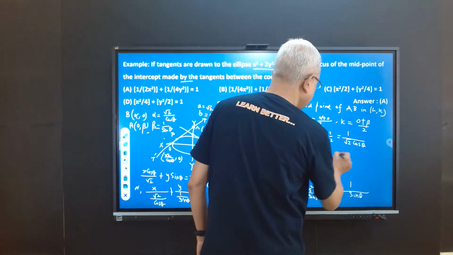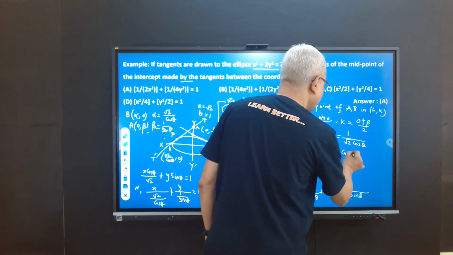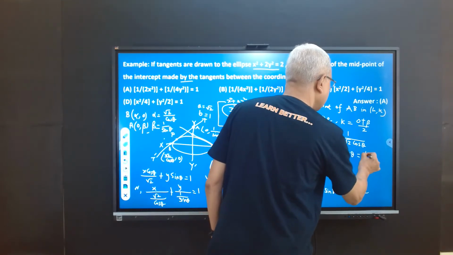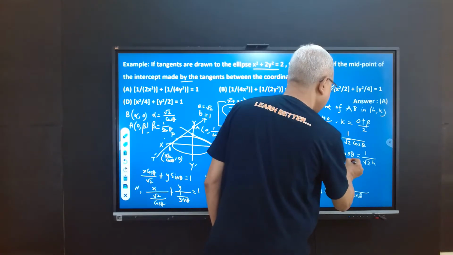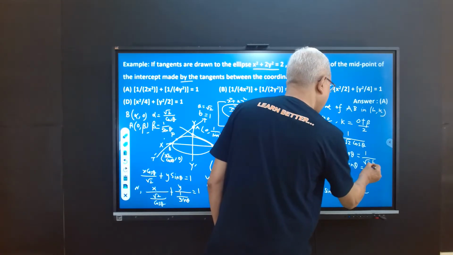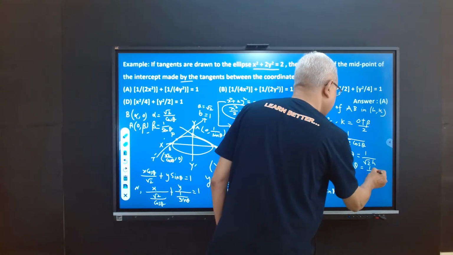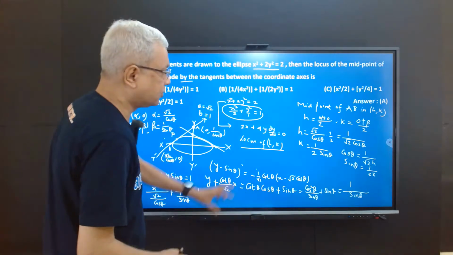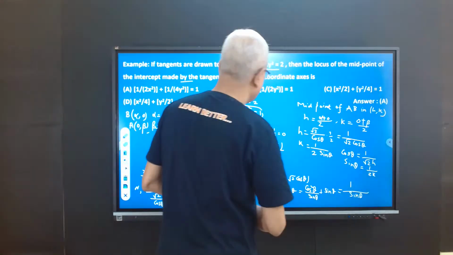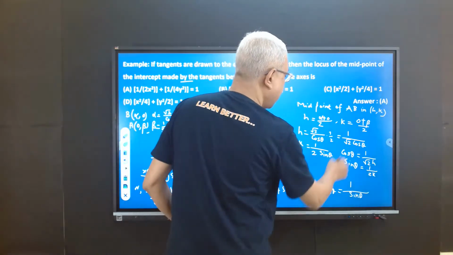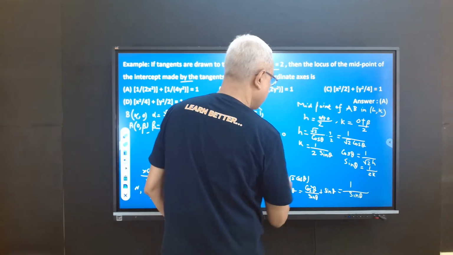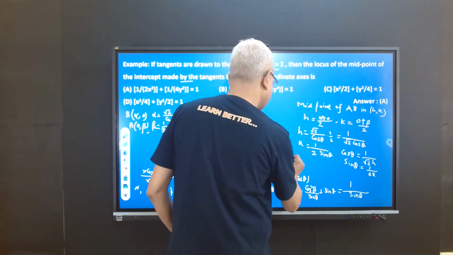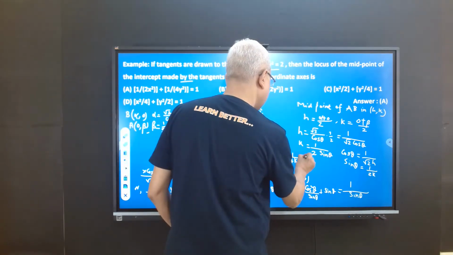So for that, what I do, cos theta, I write 1 by root 2 h. And sin theta, I write 1 by 2k. Okay, and cos square theta plus sin square theta equal to 1. So I can write 1 by 2h square plus 1 by 4k square is equal to 1.